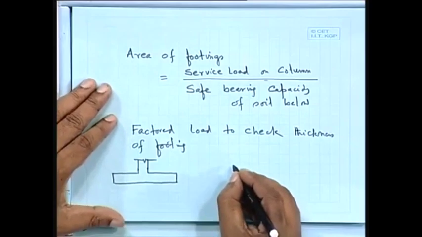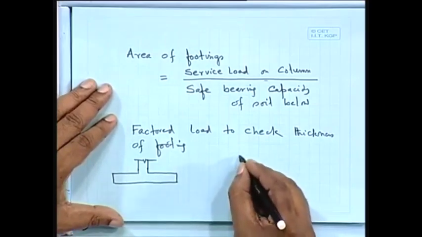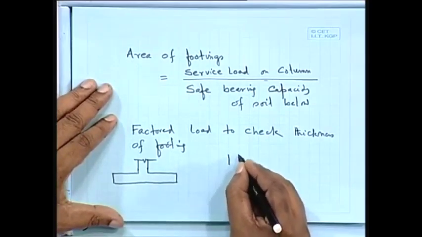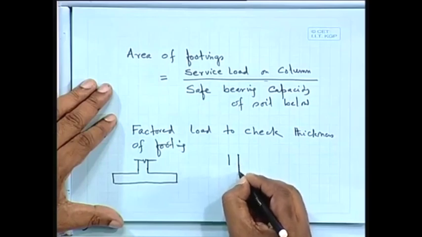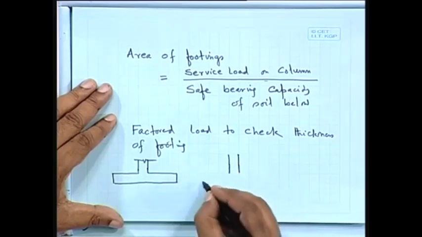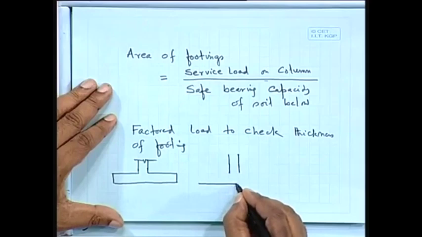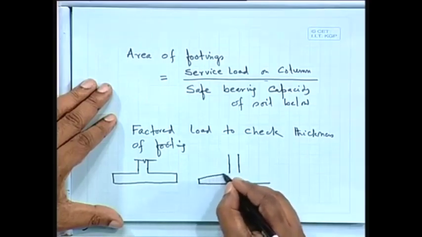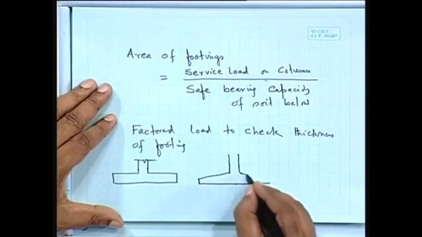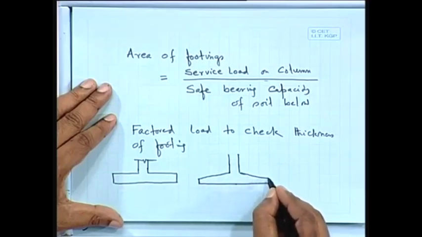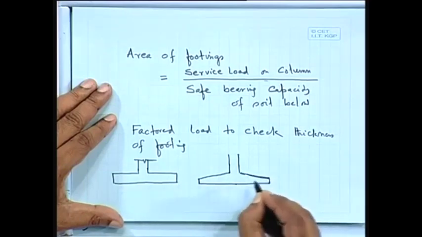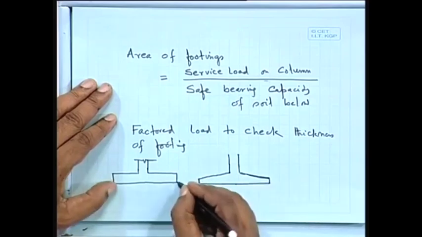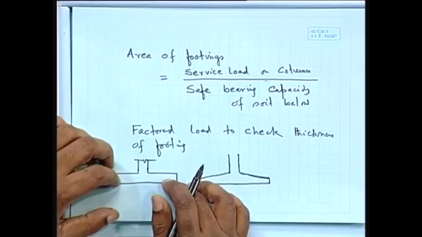It is also possible to make it sloping, because I know that here the bending moment is 0, because after all it is a cantilever, I can say.